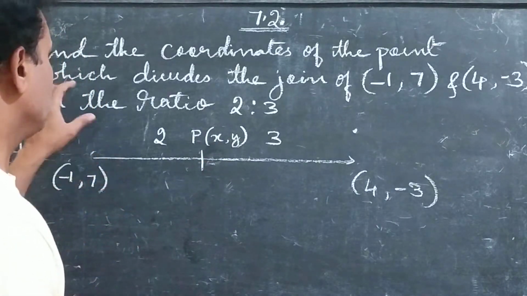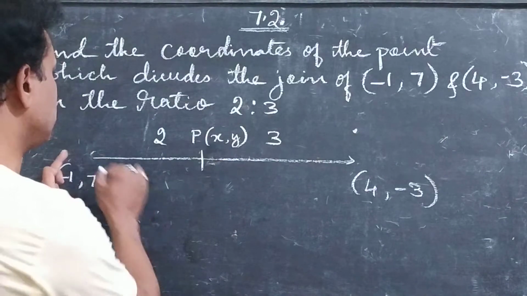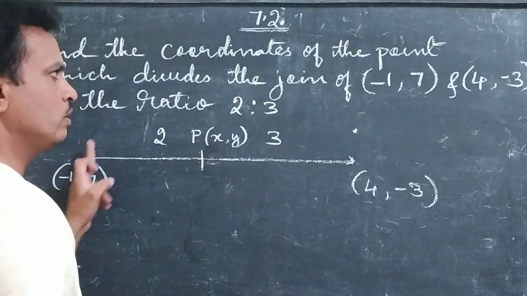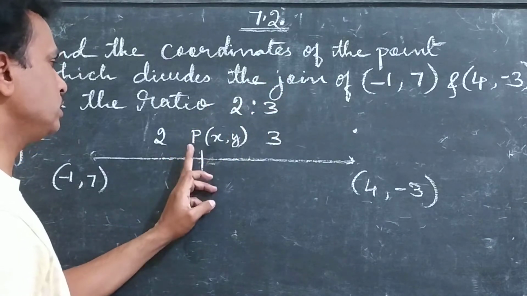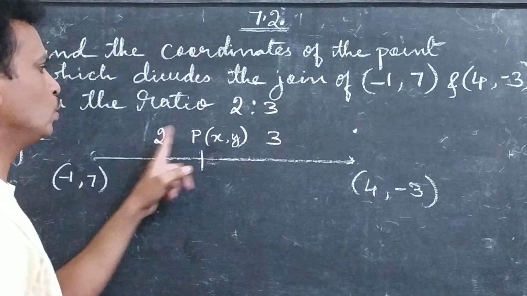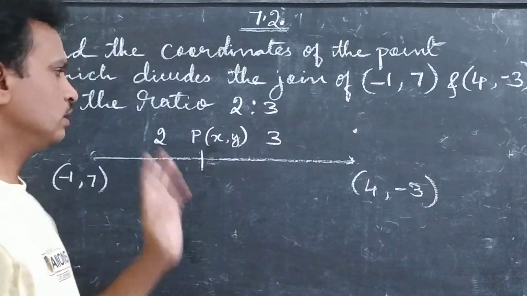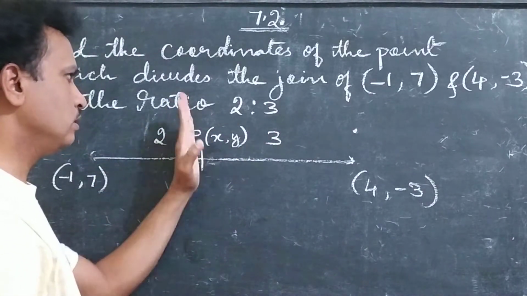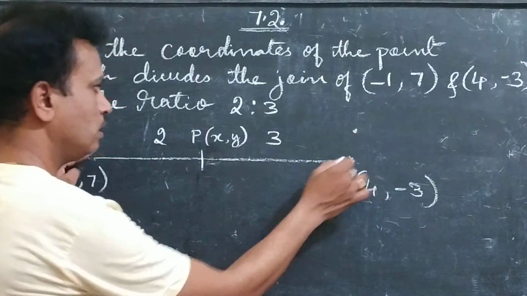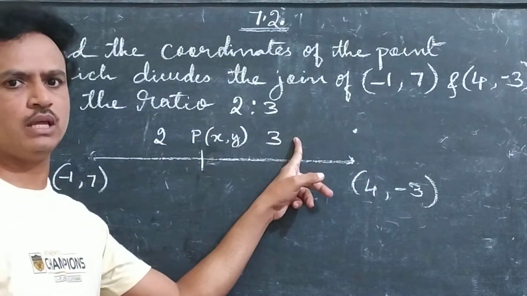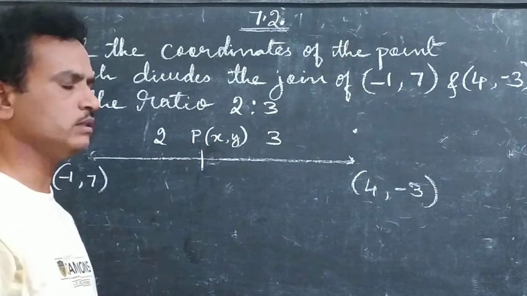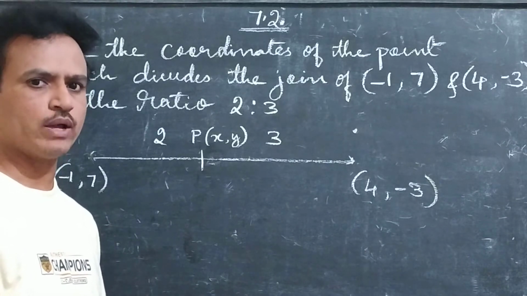Which divides the join; join means joining these 2 points. That point P divides this line in the ratio 2 is to 3. So here we should find the coordinates of this point, that is the x coordinate and y coordinate.